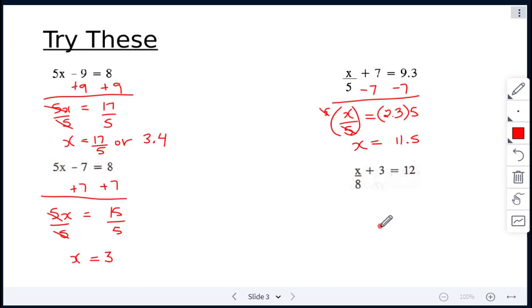This one down here, we're going to subtract 3 on both sides. That leaves me with x over 8 is equal to 9. And then we're just going to multiply by 8 on both sides. And that leaves me with x is equal to 72.